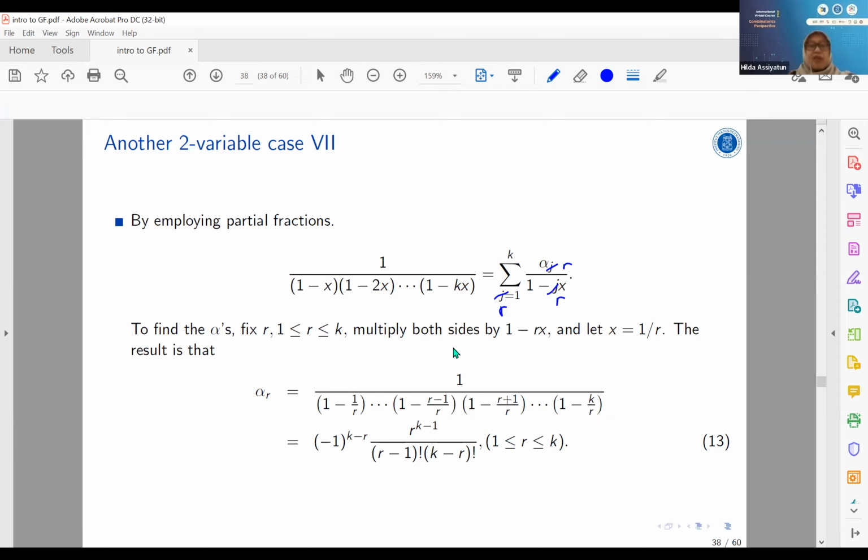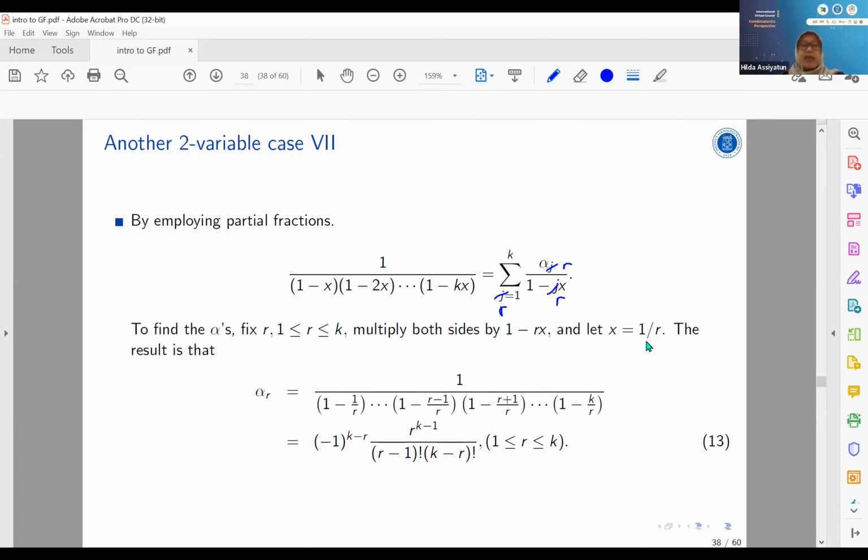It's a standard trick. We multiply both sides by 1 minus rx. That's actually like cheating. Multiply both sides by 1 minus rx. Here, the factor of 1 minus rx will be cancelled, and then we substitute x by 1 over r.